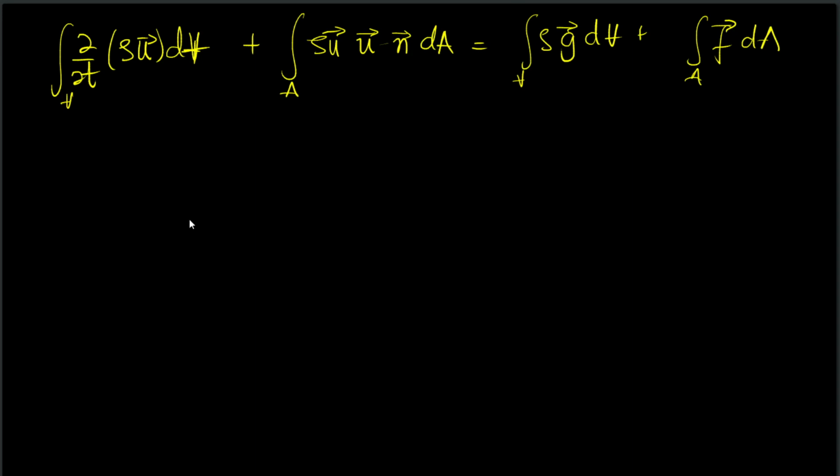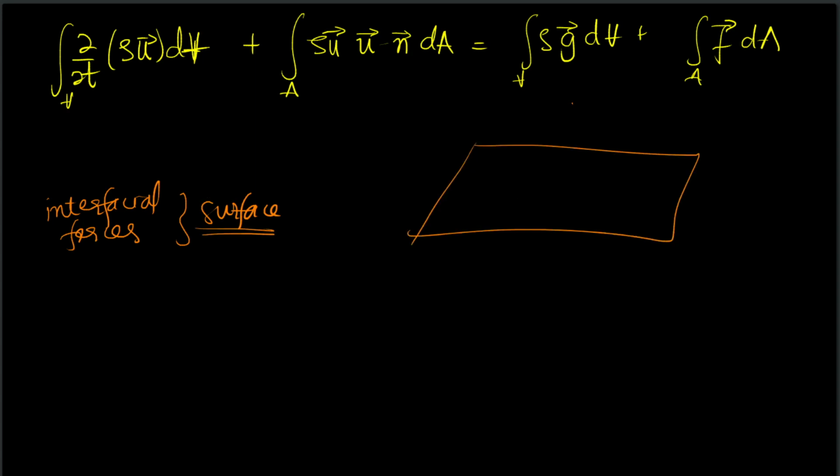There is one other particular kind of force. It is called the interfacial force. So forces such as surface tension, other kinds of electromagnetic interactions, they are manifesting at the interface of liquid 1 and liquid 2, or fluid 1 and fluid 2. It can be an air water interface also.